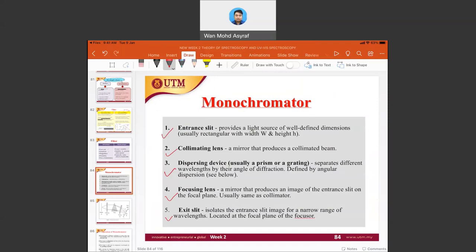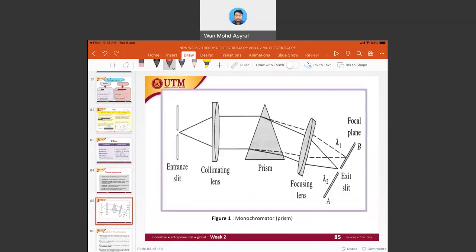Basically, all of this you can read in terms of the definition, but the function of the monochromator is that it scans throughout the whole range of wavelength, and it selects the wavelength that you have intended to choose.